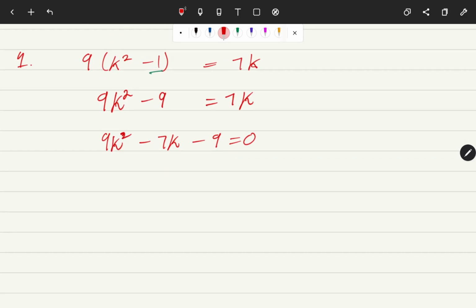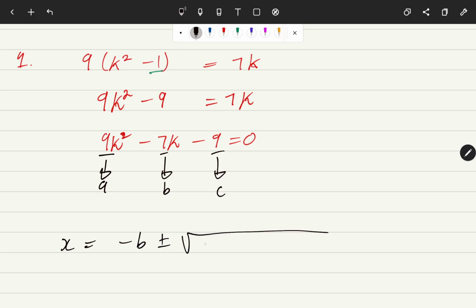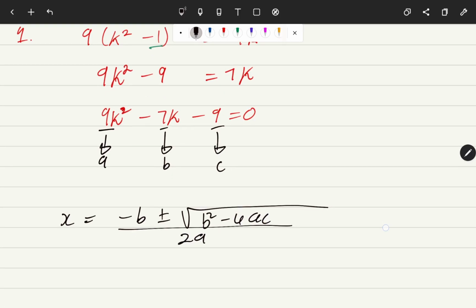Cool. Now to solve using the quadratic formula, this is a, this is b, and this is c. I take my quadratic formula, x is equal to minus b plus or minus square root of b squared minus 4ac divided by 2a.